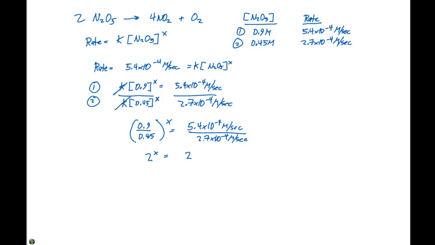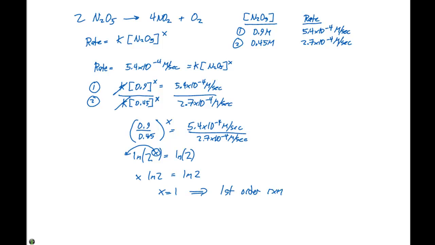So what we can do is take the natural log of both sides. When we do that, we can take this exponent and put it down front. So we can say that x times the ln of 2 is going to equal the ln of 2. And from this, x is going to equal 1, which tells us that we have a first order reaction.